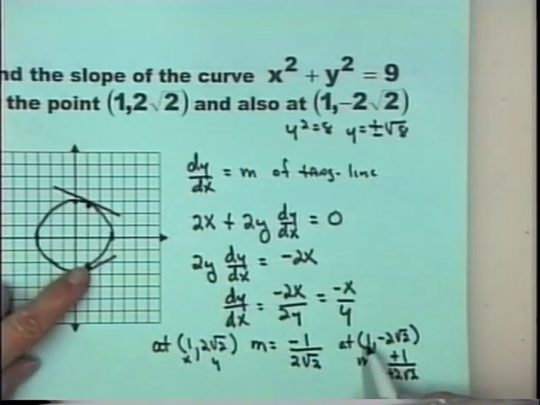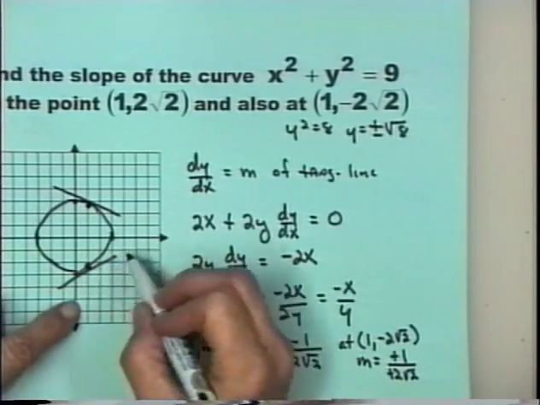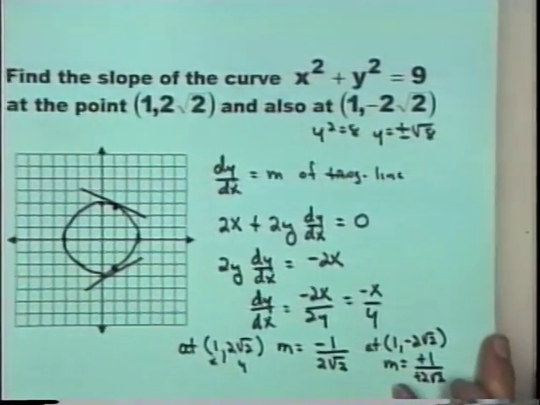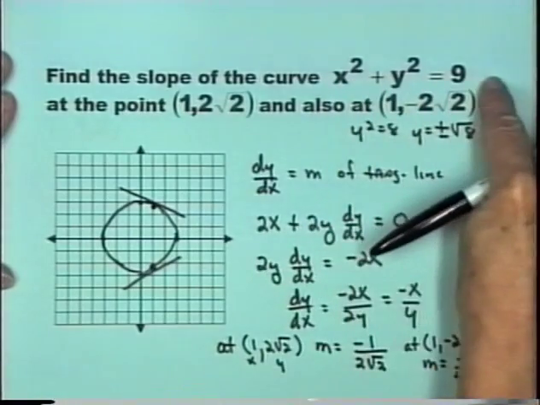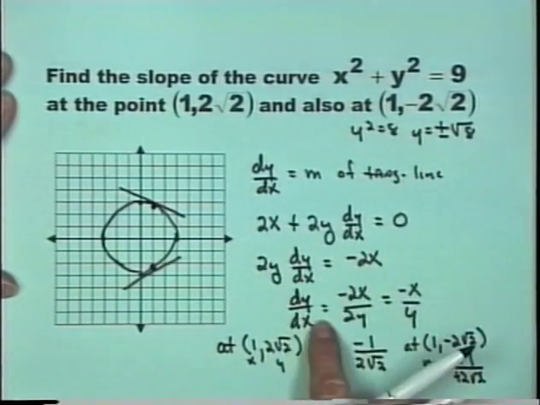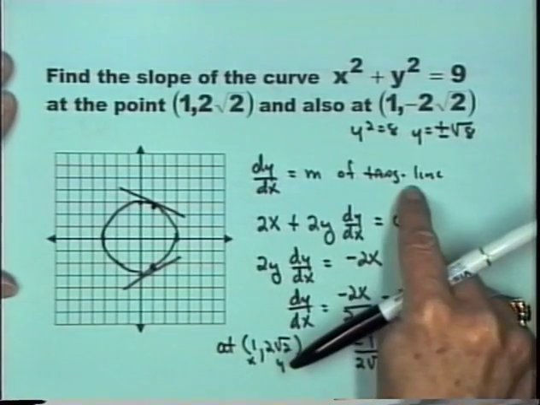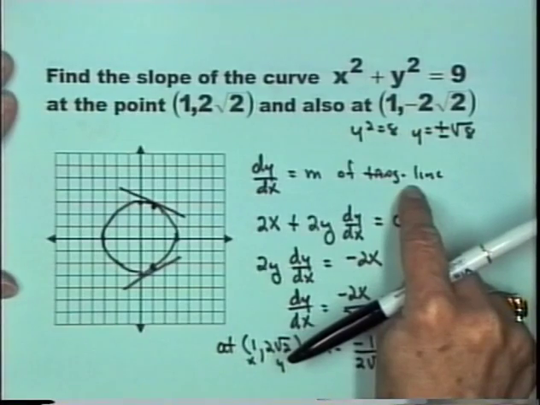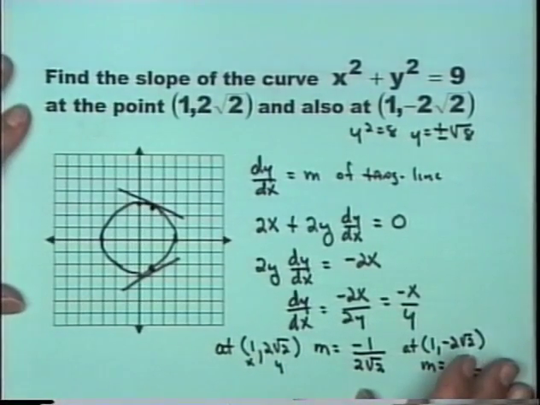At the point (1, negative 2 square root 2), we got a positive slope, which again is consistent with the way this line is sloping. So we can take a function that's written in implicit form, find the derivative implicitly, solve for dy/dx, and we can still apply this as the slope of a tangent line, which means the slope of the curve at that point.